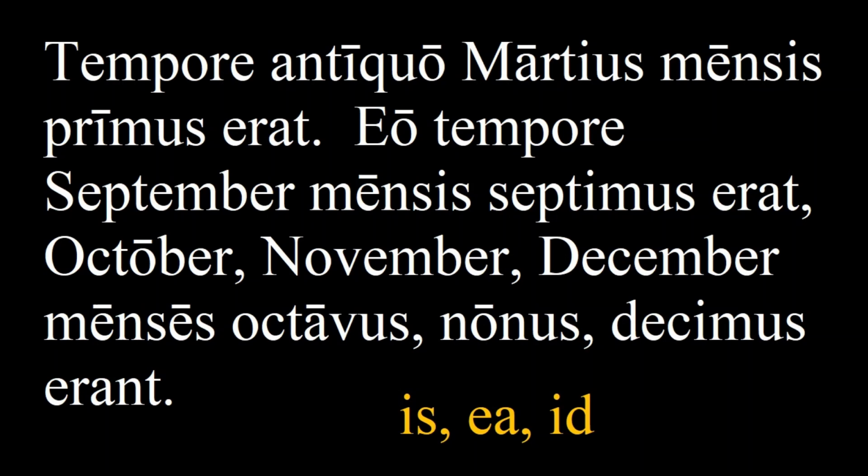Altogether then, this is, at that time, September was the 7th month. October, November, December were the 8th, 9th, 10th months. And this is true. For a while, there were only 10 months in the Roman calendar and 304 days. It's really weird, but it seems like they just sort of ignored the other 61 days and called them unorganized winter. Anyway, let's go through the story now.